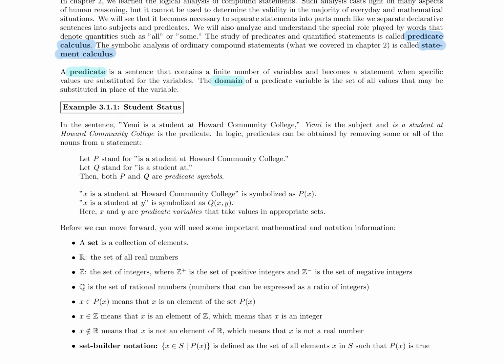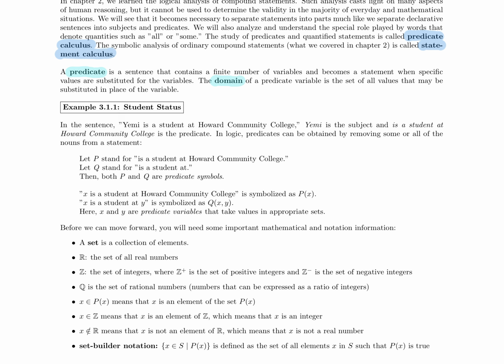So if we let P stand for is a student at Howard Community College, and we let Q stand for is a student at, then both P and Q are predicate symbols. And notice we have moved from lowercase letters to uppercase letters. Uppercase letters indicate predicates that are quantified, and our lowercase letters are our simple statements that we used in Chapter 2.